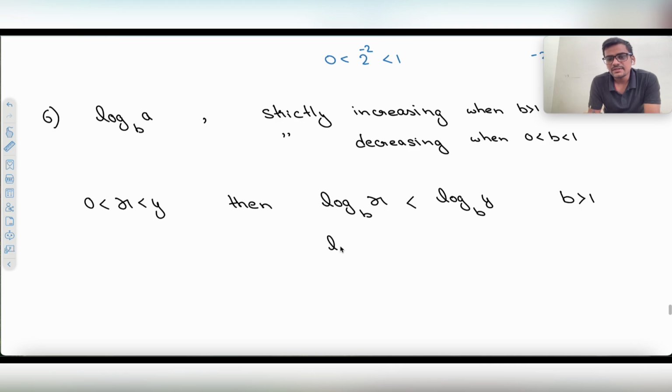But the inequality sign will change to greater than if my base is between 0 to 1. Why? Because with base greater than 1, my log function is strictly increasing, so the inequality sign will not change. And between 0 to 1, my log function is decreasing, so the inequality sign will change. So hope you understood this one.